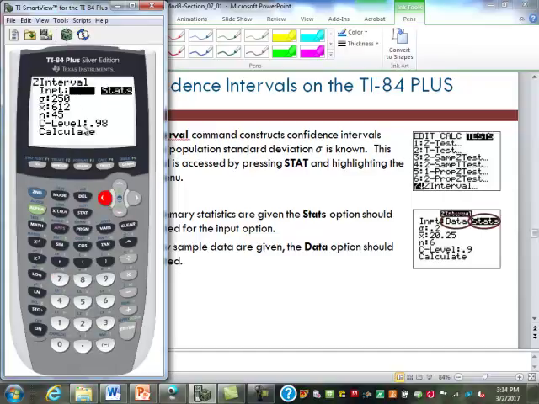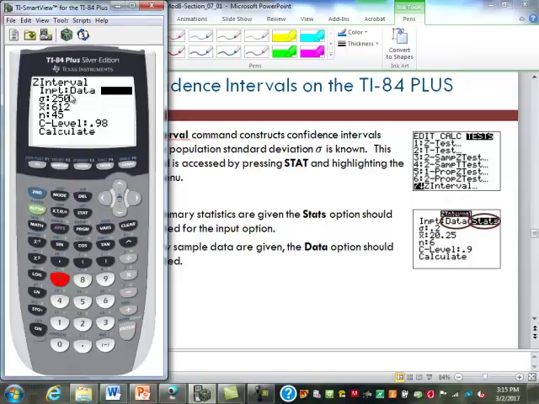To select data as your input, you have to go to the lists first. You would go to stat, edit, edit. That'd take you to your list, and you would have to enter all the data in one of these lists. So you'd enter all the data in list 1, and then you'd use data as your input.